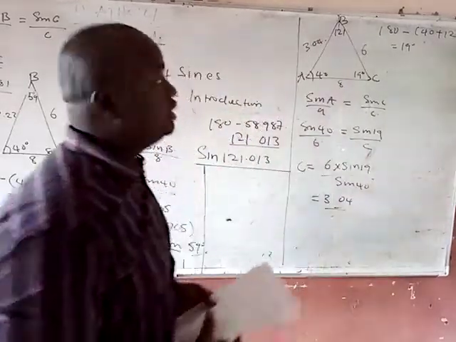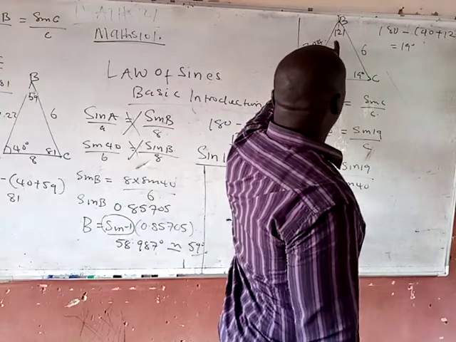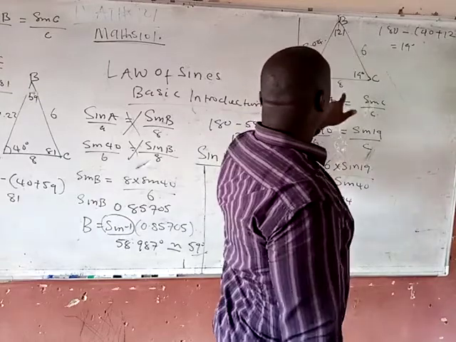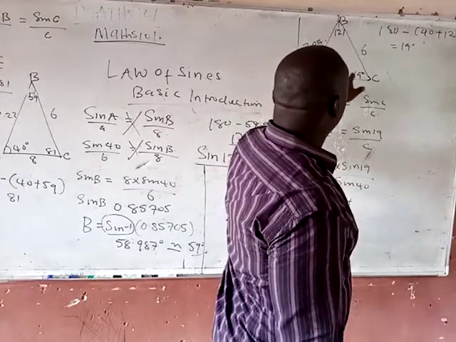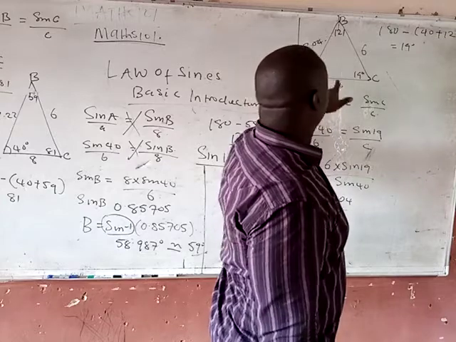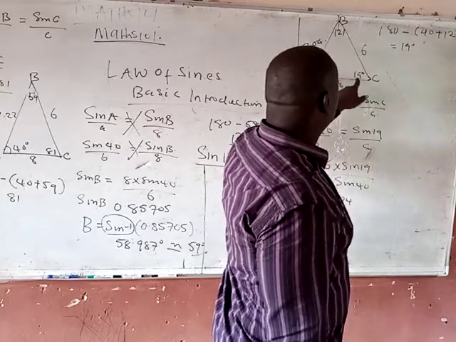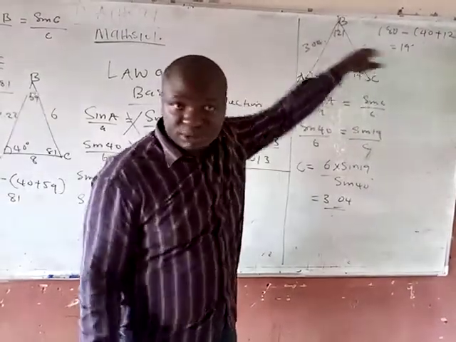Now, please watch. The highest angle in this triangle is 121, right here, so the opposite side should have the highest length. The lowest angle here is 19, and it has the lowest length. So 40 is bigger than 19, so you can see that this one is solvable.